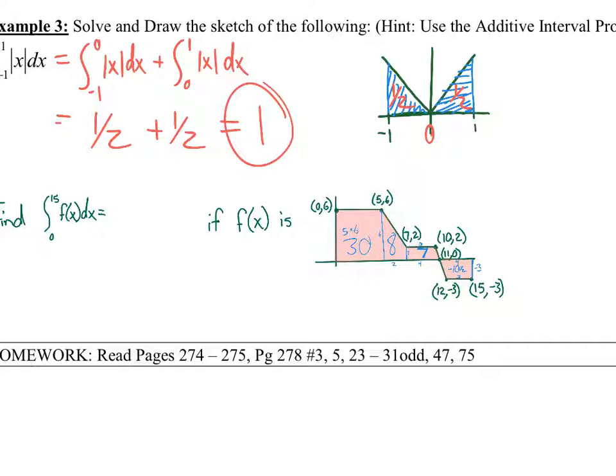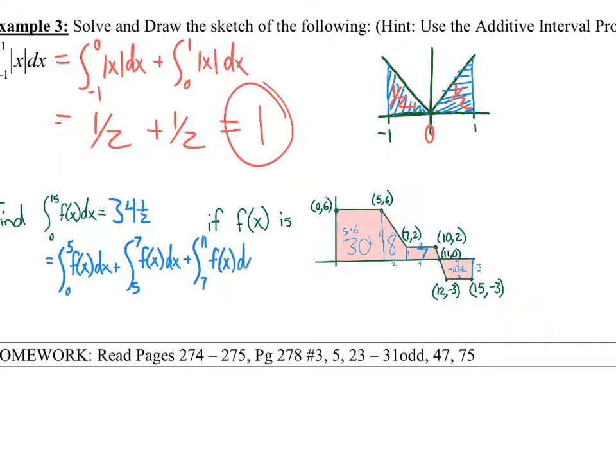So total, I know that this integral equals 45 minus 10.5, 34.5. From a calculus standpoint, this is what we just did. We just did the integral from 0 to 5 of f of x dx plus the integral from 5 to 7 of f of x dx plus the integral from 7 to 11 of f of x dx plus the integral from 11 to 15 of f of x dx.